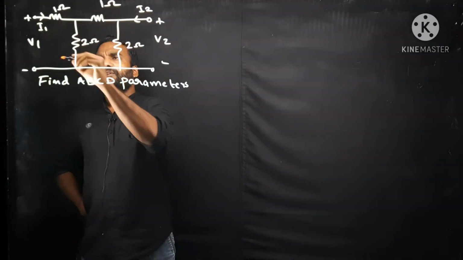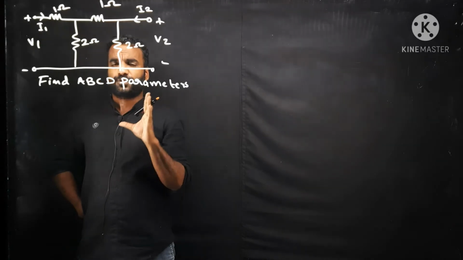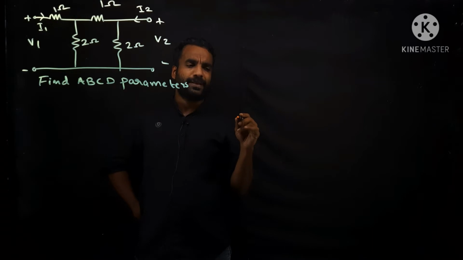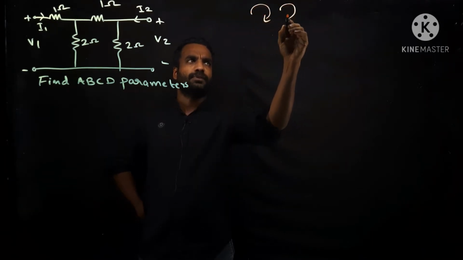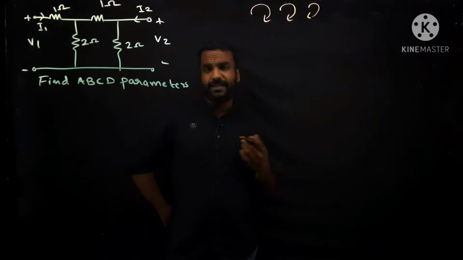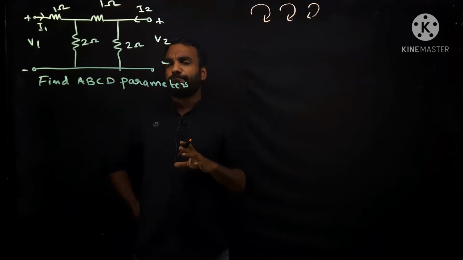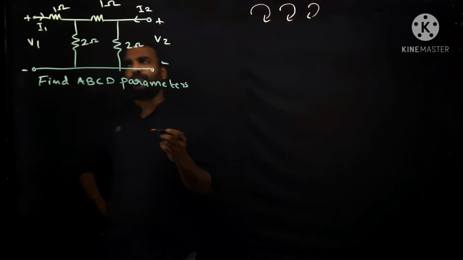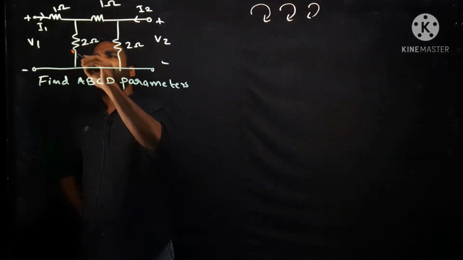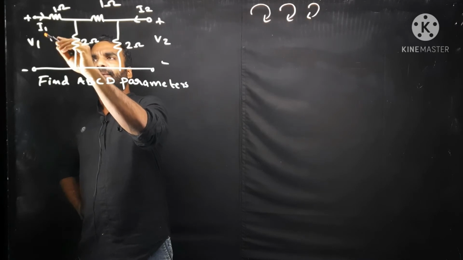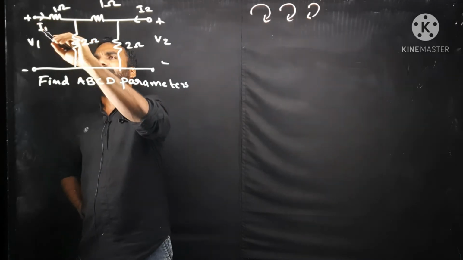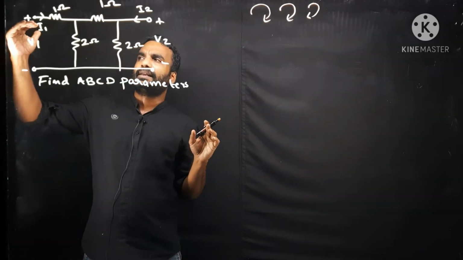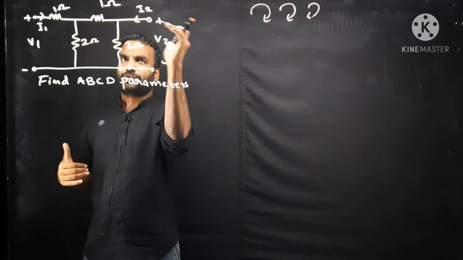Okay, so we have to select the direction of loop currents. Basically, in normal problems, you will be taking loop direction either all loops in clockwise or all loops in anti-clockwise direction. That is also possible, but it is advised that you take direction based on the given direction, because in all problems I1 will be coming inside, and I2 will be coming inside from this direction.